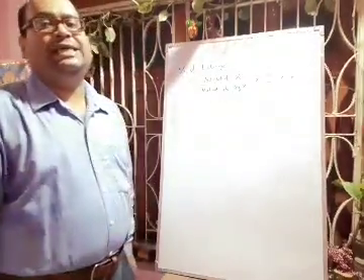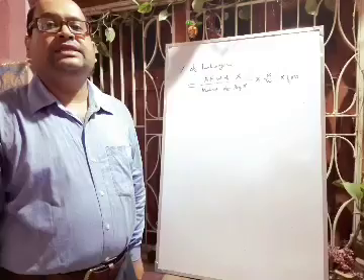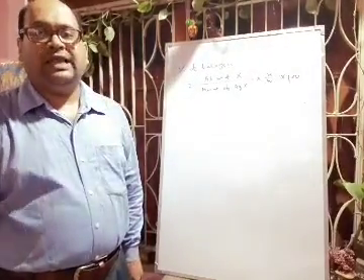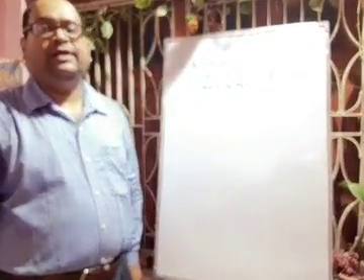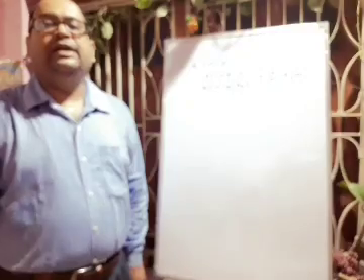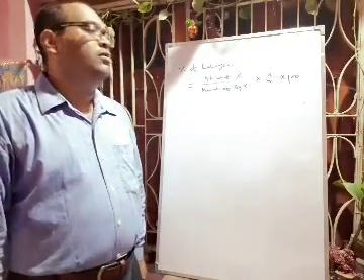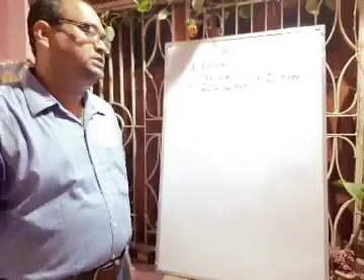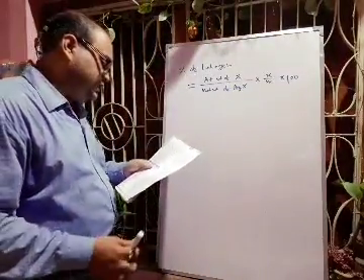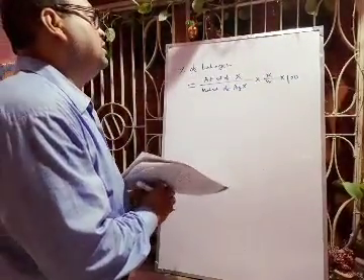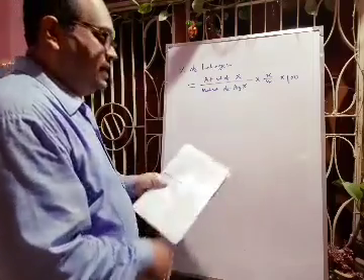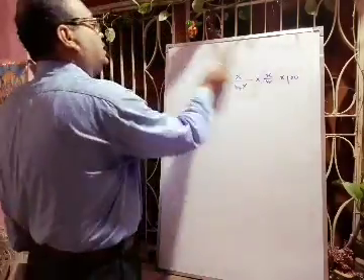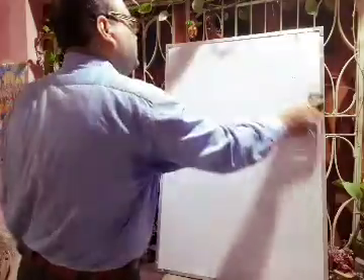What is x here? x is the weight of the silver halide, it may be silver chloride or silver bromide. And w is the weight of the organic compound where halogen is present. In this way we can easily calculate the percentage of halogen, whether it is chlorine, bromine or iodine.